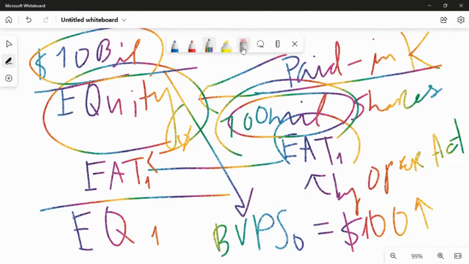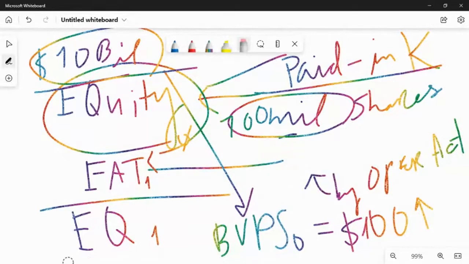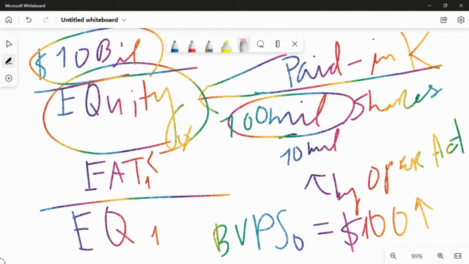Let's say 10 million more shares were sold at the price of $100.